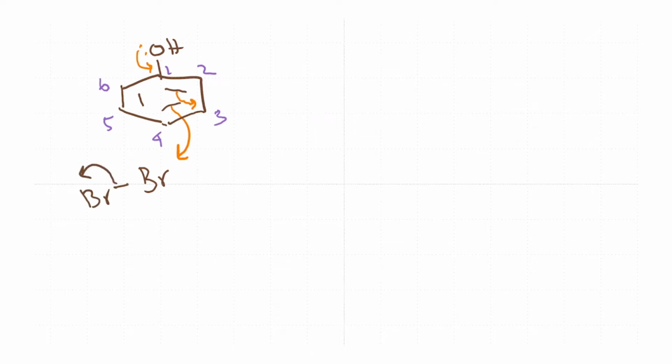And therefore the product that you would expect would be, so I'm just going to keep the same 6-member ring here. There's a bond between oxygen and carbon, so there'll be O, H, and that results in a positive charge here. There's no bond between carbon 2 and carbon 3. The bond between carbon 5 and carbon 6 remains the same.